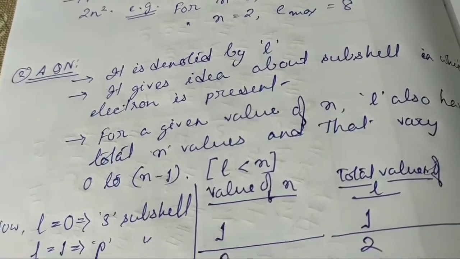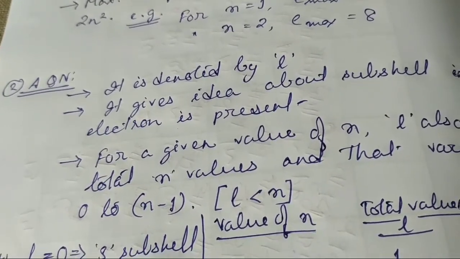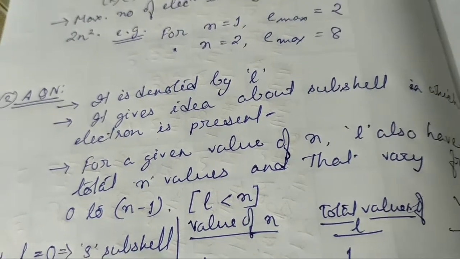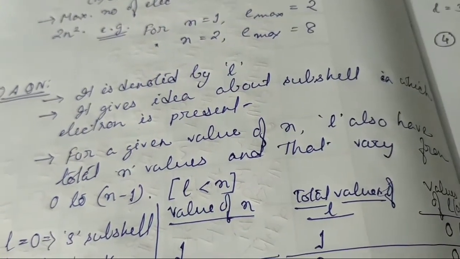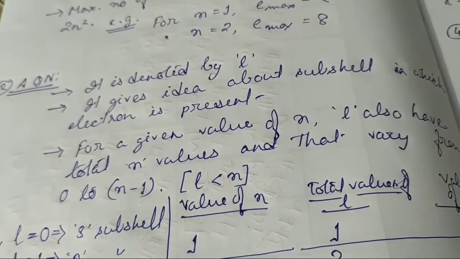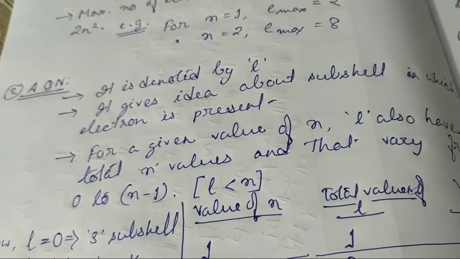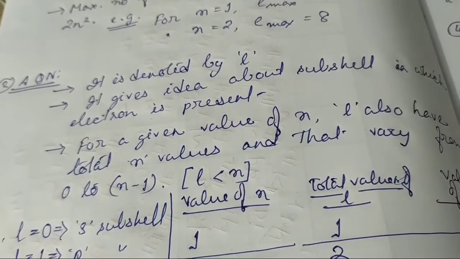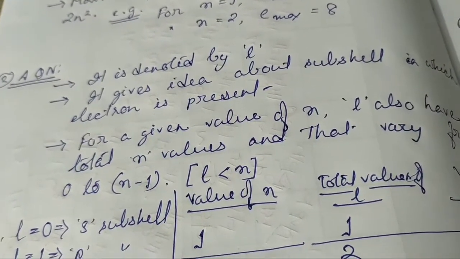Next we will come to the azimuthal quantum number, and it is denoted by small l. So the country of the electron is given by the PQN. Now we will come to the state of the electron, suppose.